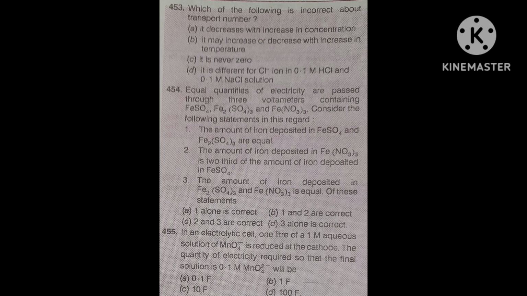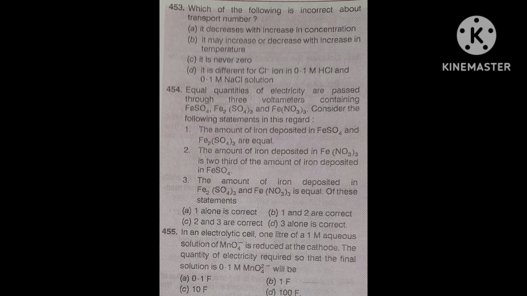Okay. One more question I want to discuss. Question number 455. Now I am reading the question. In an electrolytic cell, 1 liter of 1 M aqueous solution of MnO4 1 minus is reduced at the cathode.